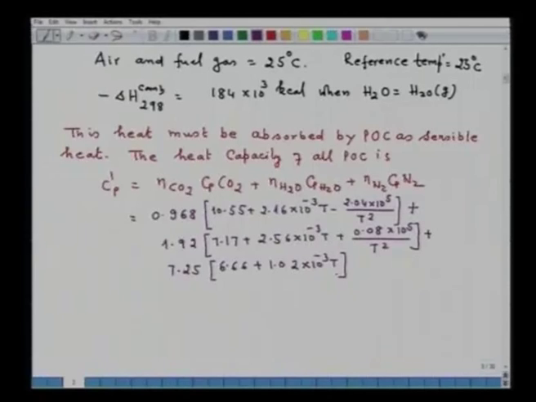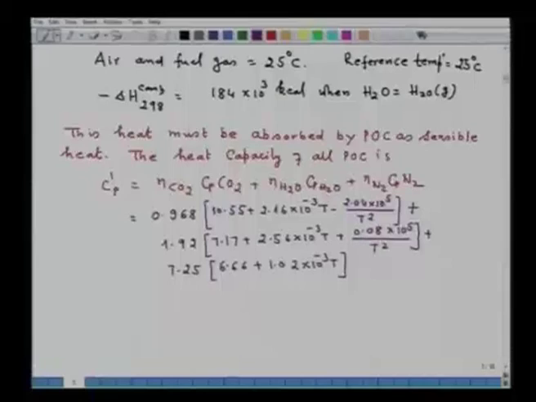So, this has become the Cp of the mixture of products of combustion which contain 0.96 moles of CO2, 1.92 moles of H2O and 7.25 moles of nitrogen.